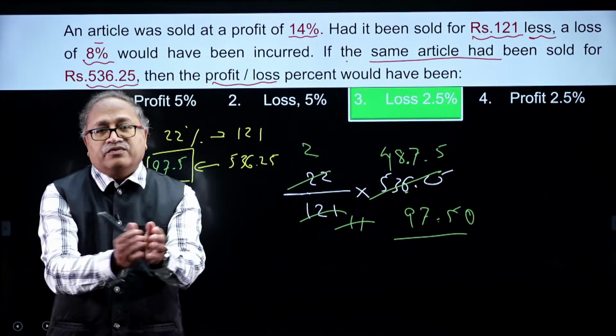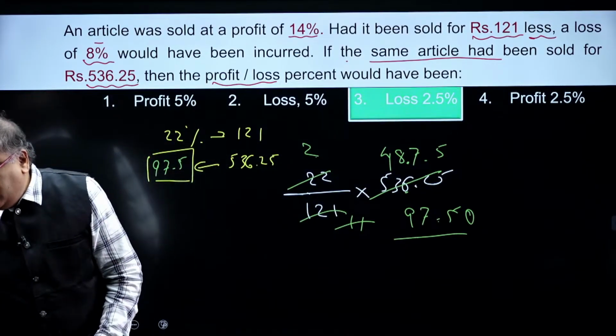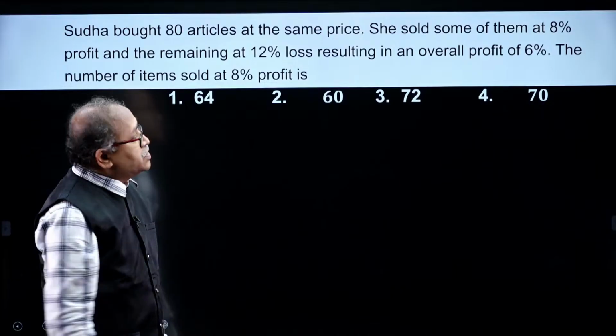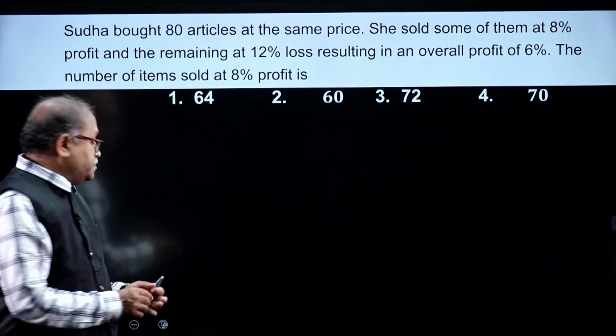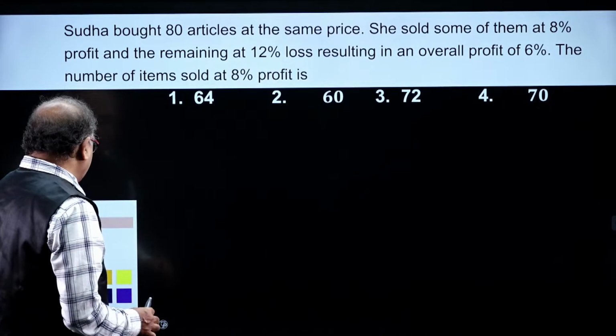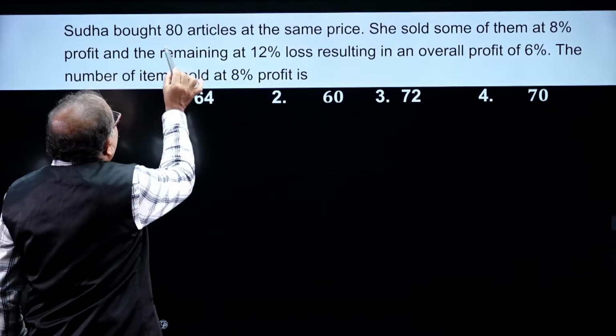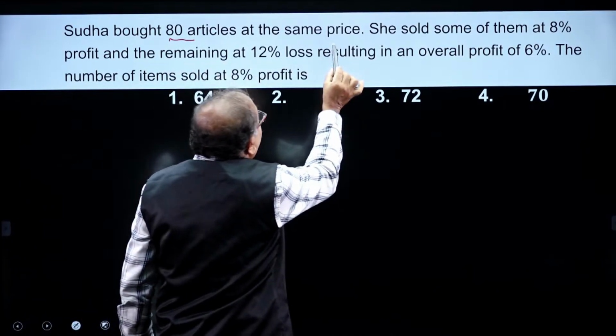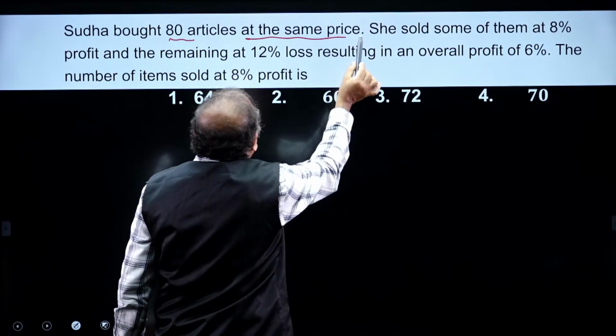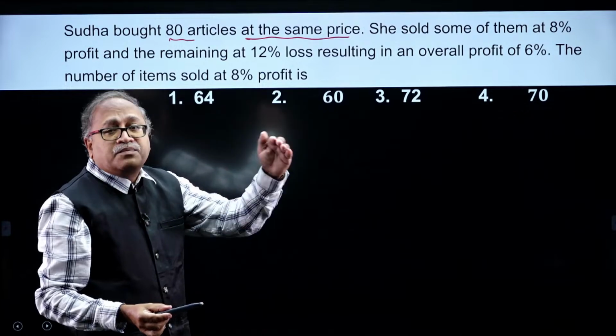Well calculated, well done. Let us move on to the next question. Come on, my dear friends, I will read the question first. Sudha bought 80 articles at the same price, each article price is same.